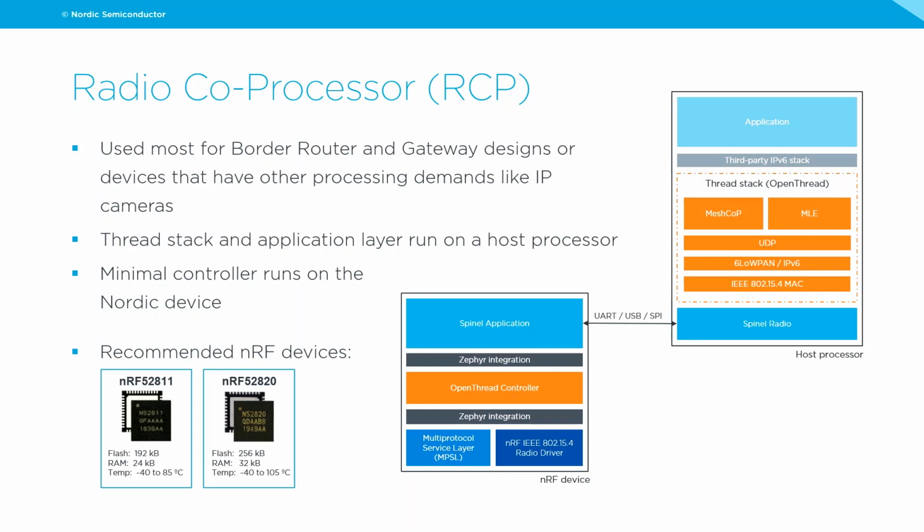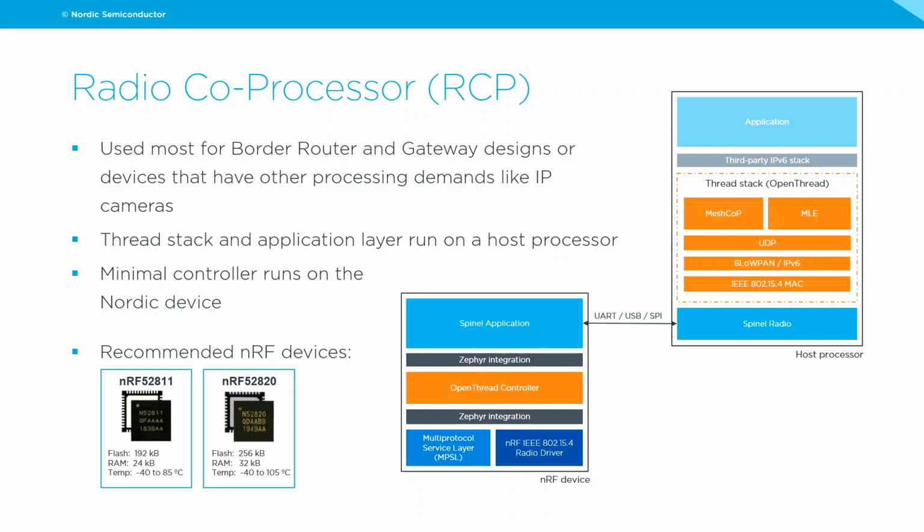In this design, the RCP doesn't have enough information to perform mesh forwarding. So whenever the RCP receives a frame, the host processor must be woken up. This design is useful for devices such as a video camera, which is always on to process some data.